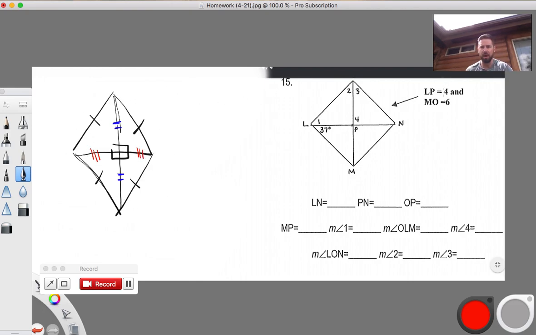Now for your homework, I'm going to switch this up a little bit. I'm going to change this guy, and I'm going to change this guy. Okay, it says LP, and they're talking about MO. Where's O? Is this O up here? It said it was 4 and 6.